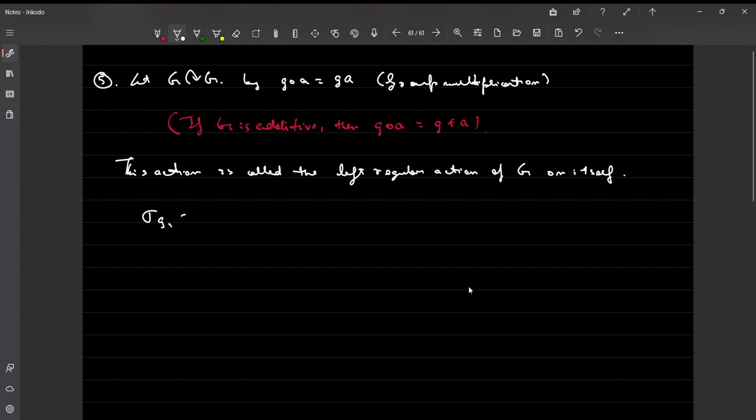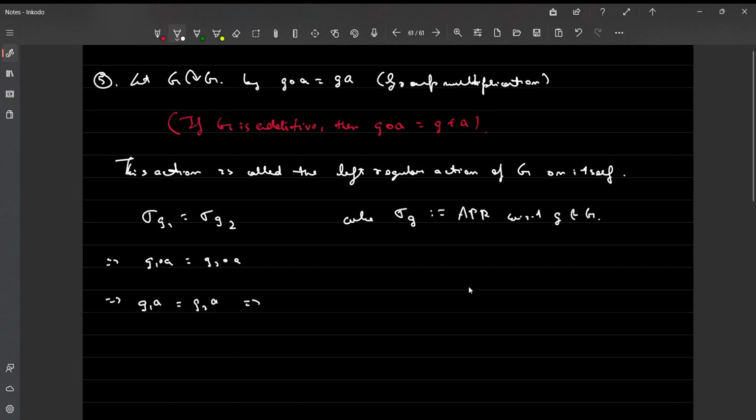Now this action is obviously faithful, right? Now why is it so? Because suppose you have sigma G1 equals sigma G2, where sigma G is basically the associated permutation representation with respect to the element small g in capital G. So if this is equal, then G1 of A equals G2 of A. But that is G1A equals G2A, right?